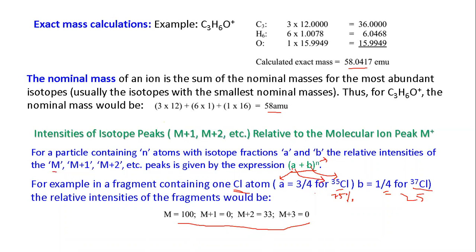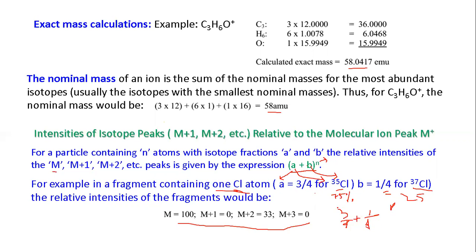The expression will be based on this: A plus B whole to the power n. Now, A means 3 by 4, B means 1 by 4. How many atoms? One chlorine atom, so whole to the power 1. So it doesn't change anything: 3 by 4, 1 by 4.